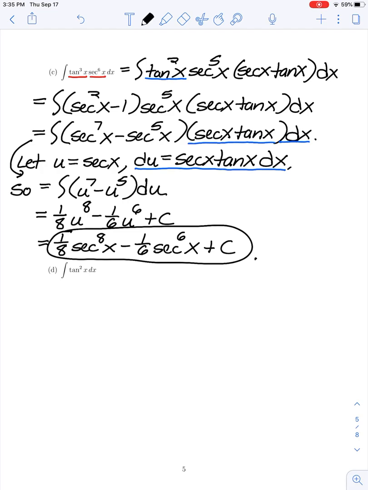Now, if we only have an even power of tangent x, then we could use the third case that we had discussed for these trig integrals involving secant and tangent, which said that we could take our even powers of tangent, in this case tangent squared x, and make use of the identity that tangent squared x is equal to secant squared x minus 1.